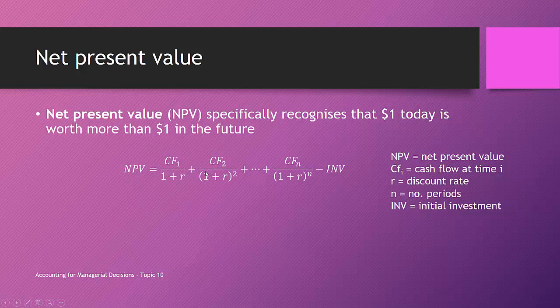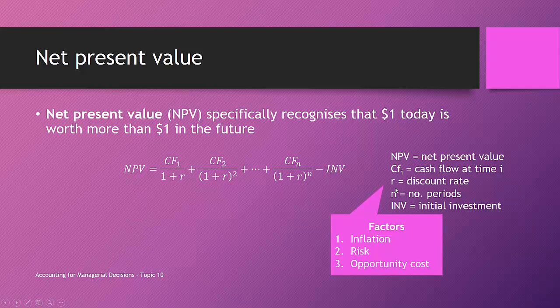The cash flow at time 2 is divided by 1 plus the discount rate squared. And so on and so on. So the cash flow at time n, whatever that period n happens to be, is divided by 1 plus r to the power of n. These are all the cash inflows during the future, and you take away whatever investment you made to start with.